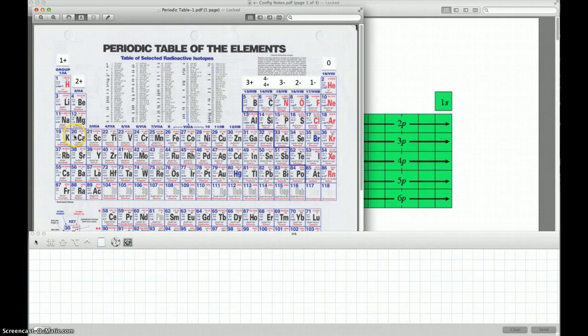So if I look at calcium here, it's in the 1, 2, 3, 4th row. Well, that means a calcium atom has 4 rings. If I look at magnesium right above it, that's in the 3rd row. That atom would have 3 rings. If I look below calcium, strontium, Sr, that's in the 5th row, that would have 5 rings. So that's just one instance where the shape of the periodic table gives us information about the structure of the actual atom.